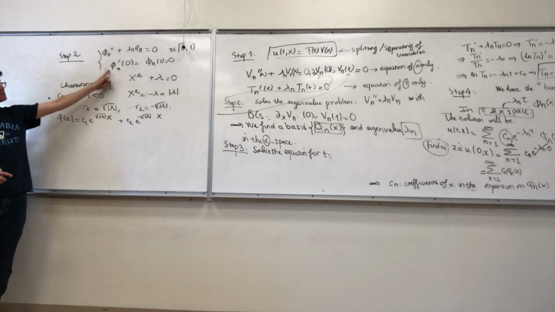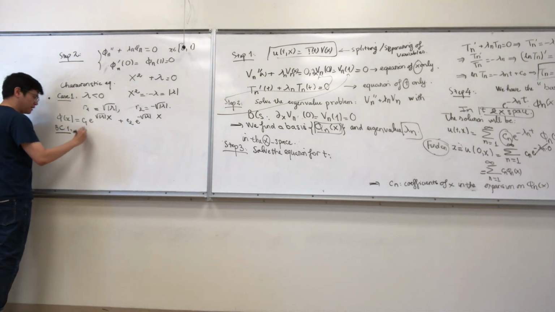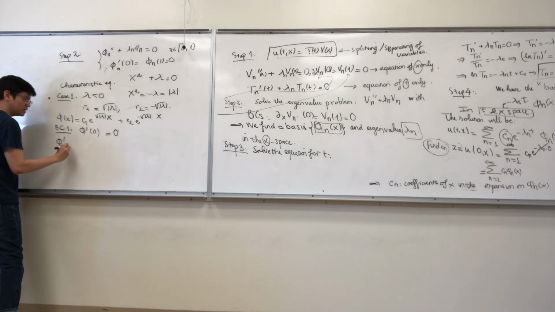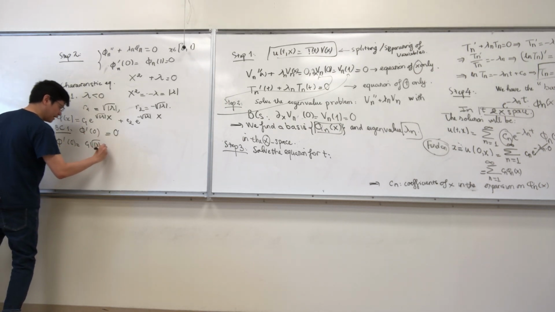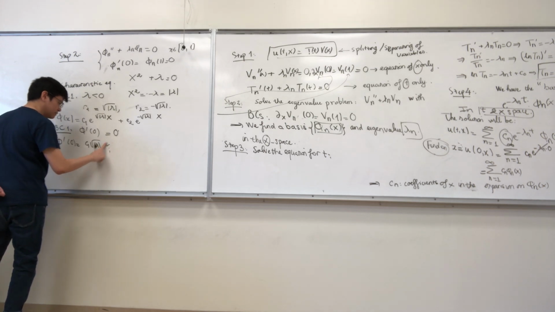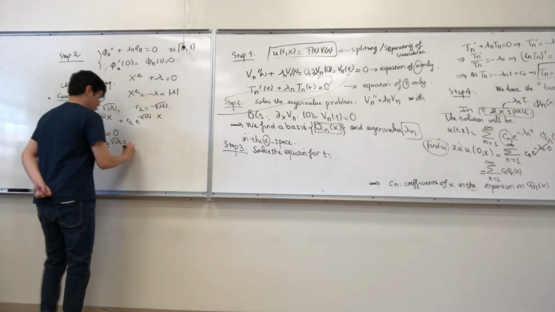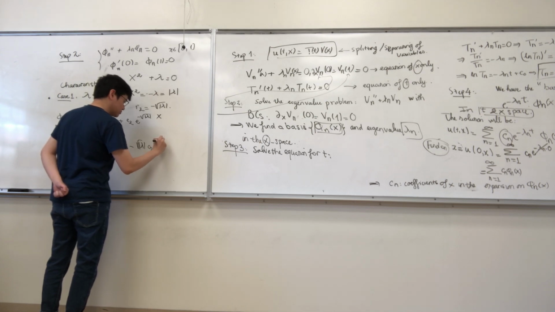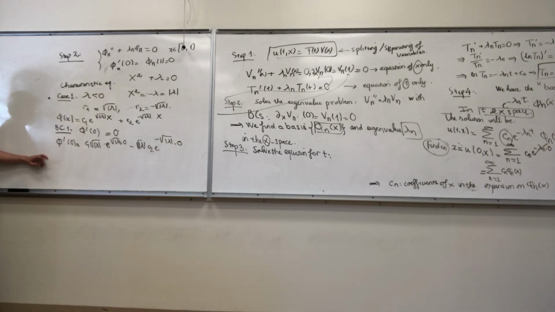Now we're going to use the boundary conditions. Boundary condition 1: phi prime at 0 is 0.